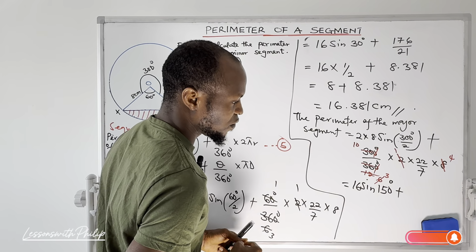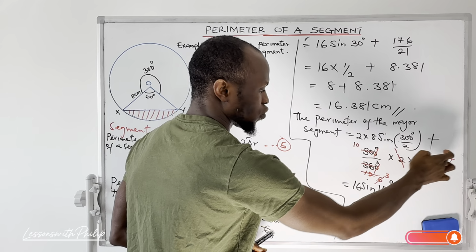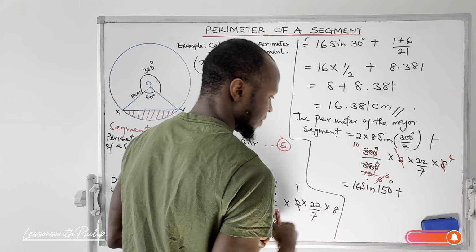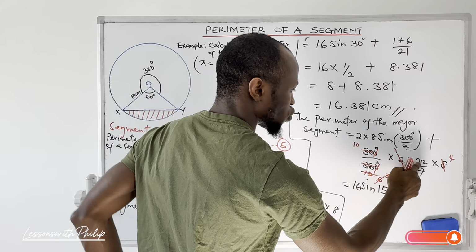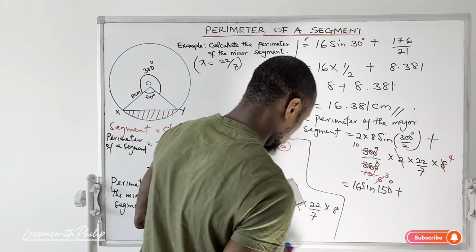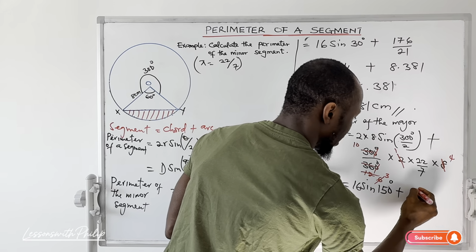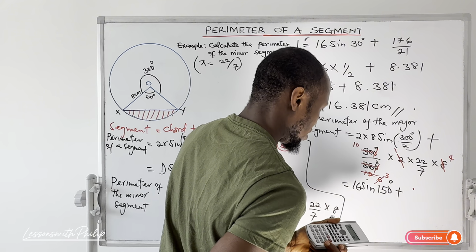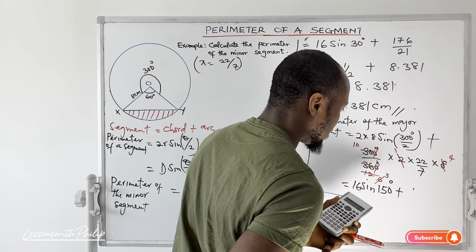What are we left with? We are left with 10, 22, 4, and 3 and 7. So that is 22 times 4 times 10, which gives 880.